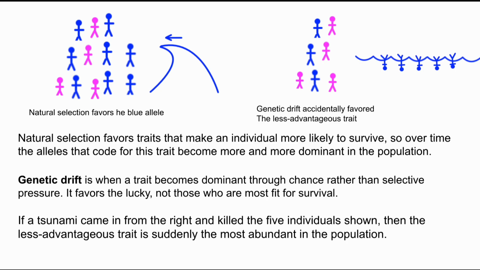And so we call this genetic drift. And it's bad for the population because it can favor less robust genetic combinations. But it typically only happens in a meaningful way if the population is very small. In a larger population, getting rid of even large numbers of individuals doesn't really change the overall distribution of genes in that population.